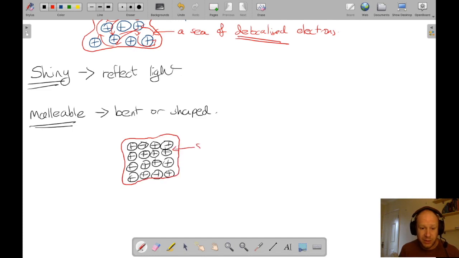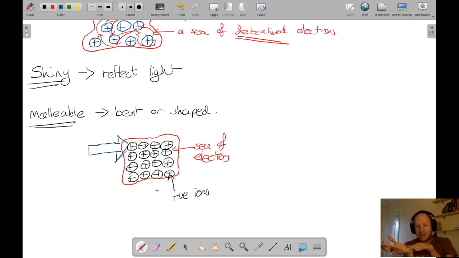So we've got a sea of electrons, and here we've got positive ions. If I apply a force to this row of atoms, that's going to make the atoms slide over the other atoms that don't have that force applied to them.